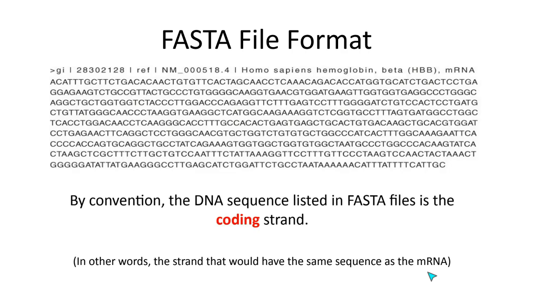Just because when you're dealing with sequence information, like if you're looking at a FASTA file and you're looking at nucleic acid, so you're looking at a sequence of nucleotides, by convention, the sequence that you're looking at is assumed to be from the coding strand. So if this were a gene, we know right here which of the two strands this is. This is the coding strand. It's that one. It's the one hanging out at the top there.